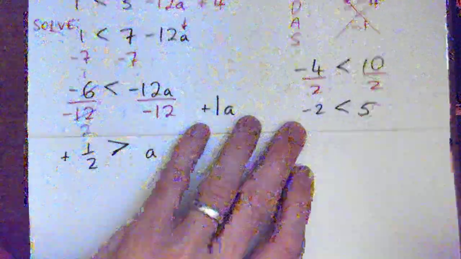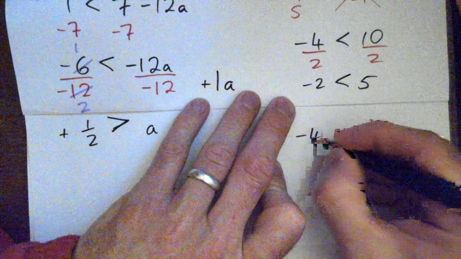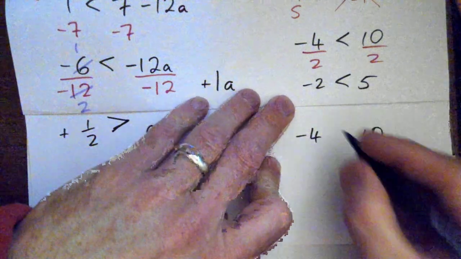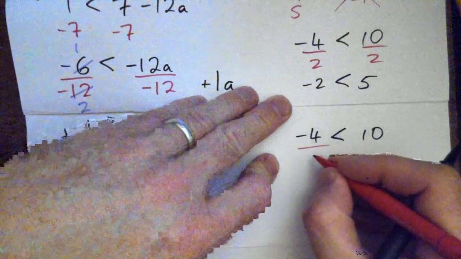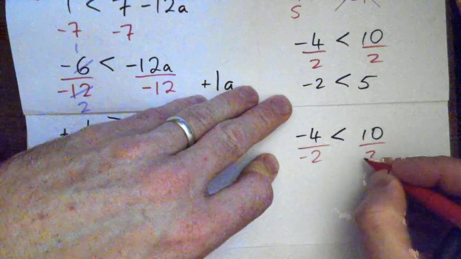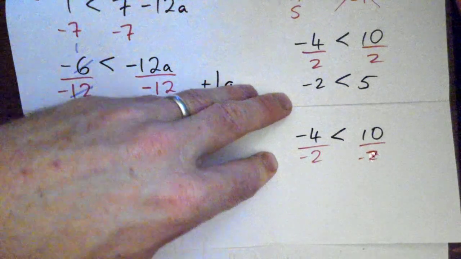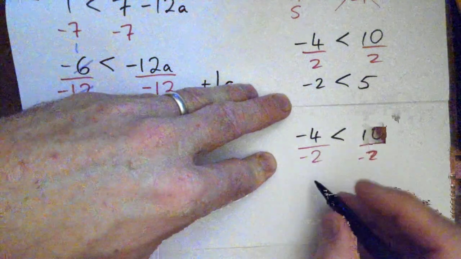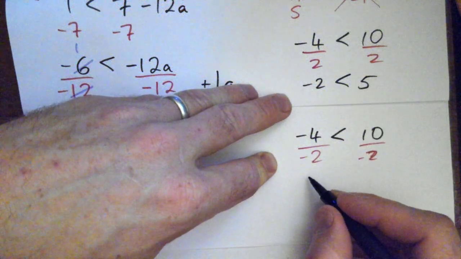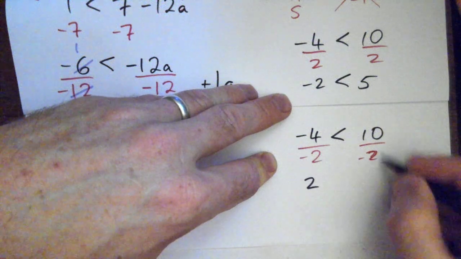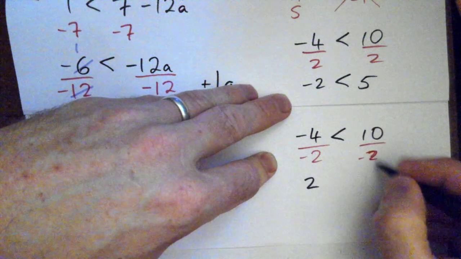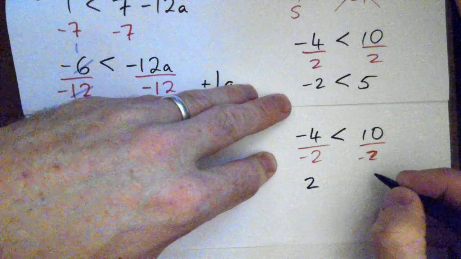Right. But if it was dividing by a negative, so negative 4 is less than 10, that's an inequality. If you divide both sides of this inequality by a negative, like negative 2, we get, over here, 2, and over here we get negative 5.